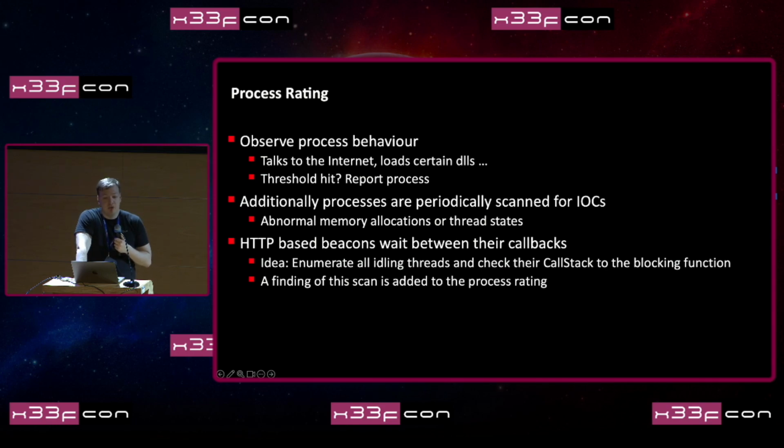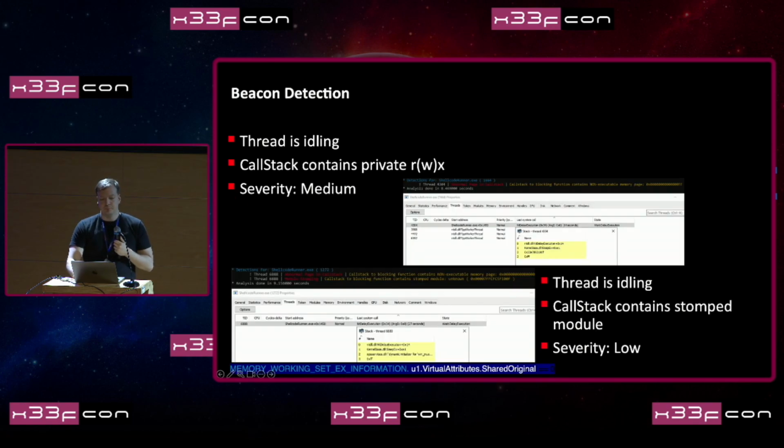Additionally, processes are periodically scanned for IOCs, such as abnormal memory allocations or thread states. Why thread states? It's because HTTP-based beacons usually wait between the callbacks, and now the idea would be to enumerate all idling threads and check the call stack to the blocking function. And if you find an IOC in this call stack, it also influences the process rating.